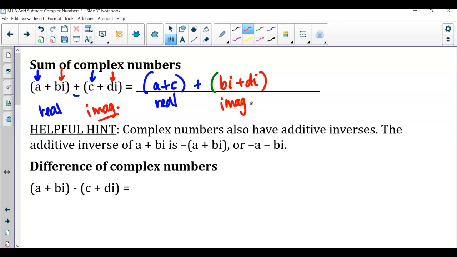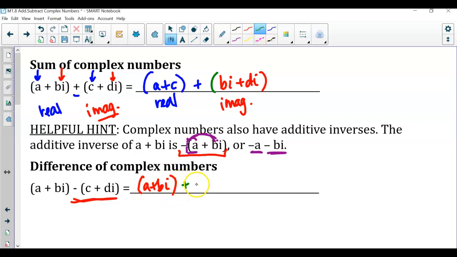Then here the difference, notice and remember with this tip, if you have minus, right? So minus c plus di, think about it as what you have here is that minus, which is a negative 1. And then if I distribute that negative 1 times a, negative a. Negative 1 times bi, negative bi. So here, if we wanted to do the same thing, you would end up with a plus bi, but then distribute the negative.